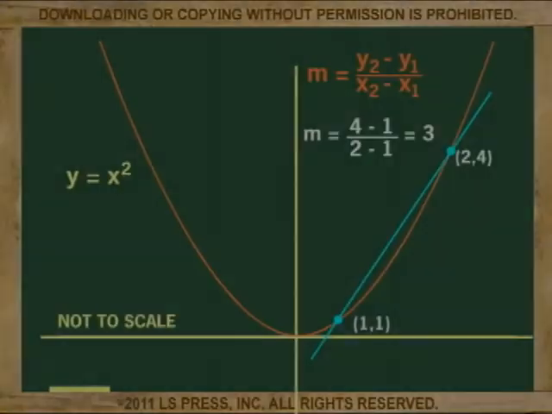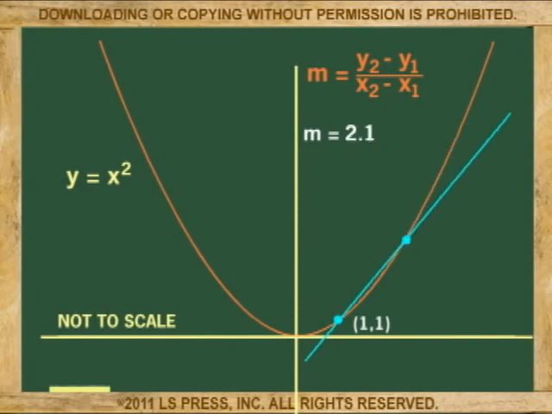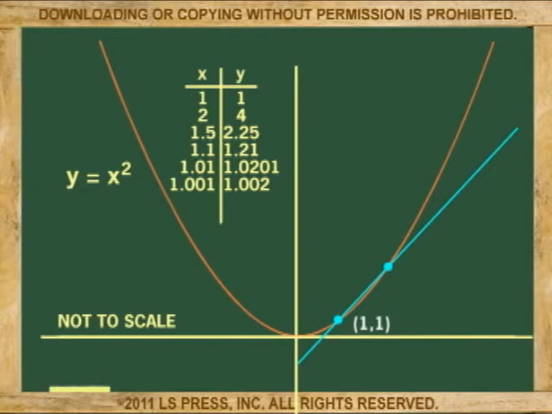Let's look at the diminishing values of the slope. First, we use the table to keep track of the x and y values. We already said that when x is 1, y is 1. And if we use 2, when x is 2, y is x squared or 4. Now for the smaller values. When x is 1.5, y is 2.25.